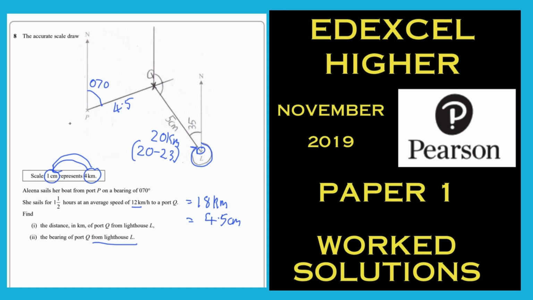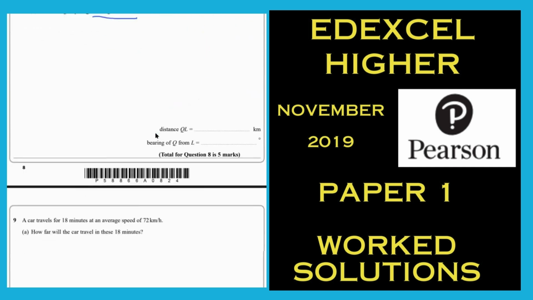These will make 360. 360 minus my 35 means I got 325 for part double I. Mark scheme allows 317 up to 330. So probably I've got a better answer there than I probably did for my measurement, but still both correct.